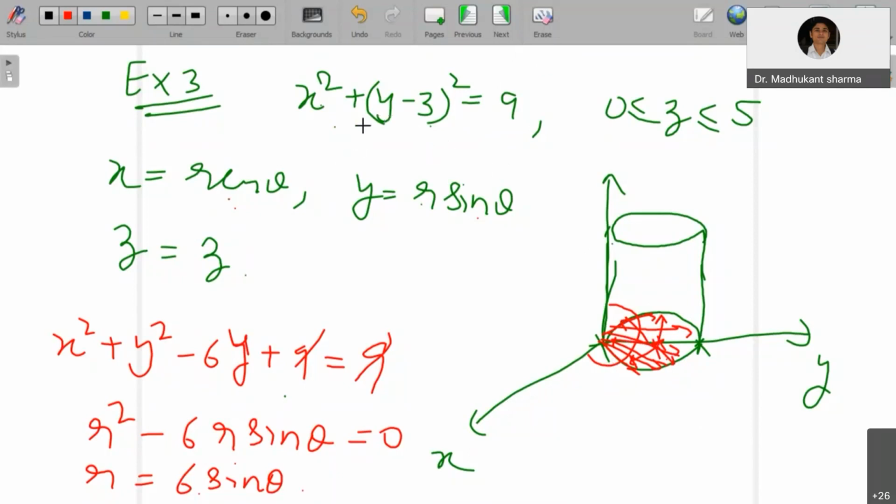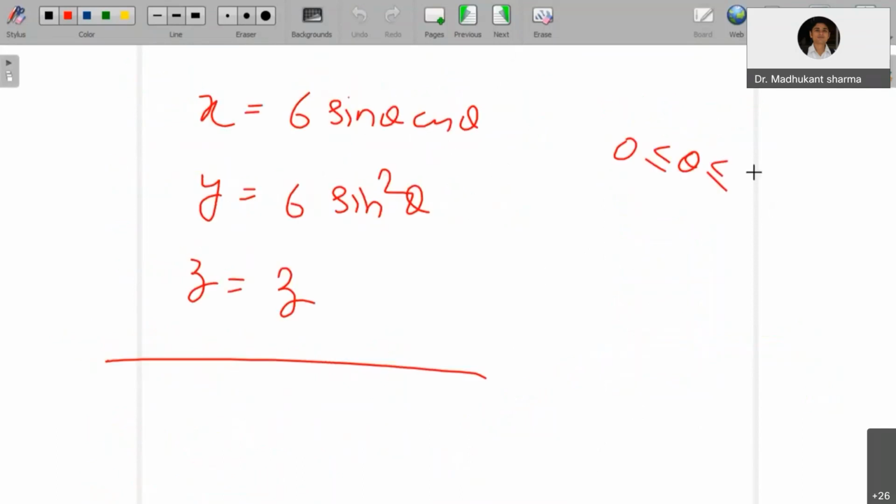But here we are not looking from the center, we are looking from the origin. So from the origin, 0 less than or equal to theta less than or equal to pi. Does anyone have doubt here? Let me know.